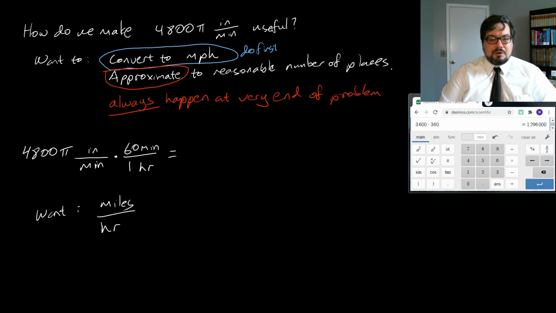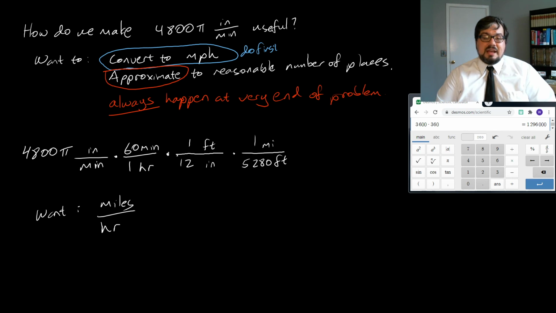Now we can convert from inches to miles. Now you may know offhand how many inches are in a mile. I don't. So we'll have to do a couple of conversions here. So let's convert first from inches to feet, and I know there are 12 inches in 1 foot, and I know that there are 5,280 feet in 1 mile.